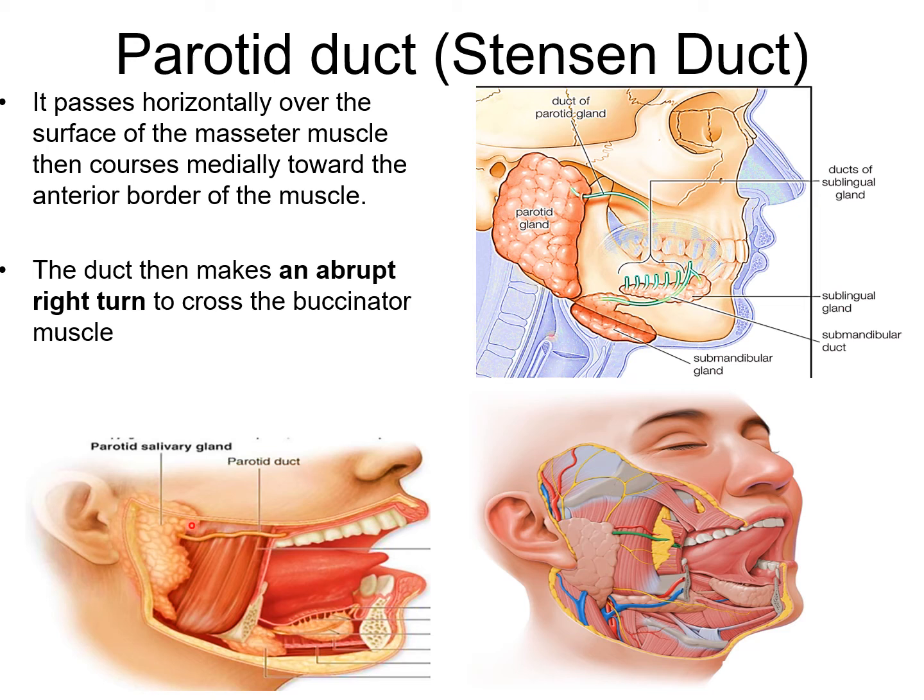It leaves the superior part of the anteromedial surface of gland and it passes horizontally over the surface of masseter muscle, and then it courses medially towards the anterior border of the masseter muscle. When it reaches the anterior border of masseter muscle, the duct abruptly turns right to cross over the buccinator muscle. Here, this is the buccinator muscle and the associated buccal pad of fat.